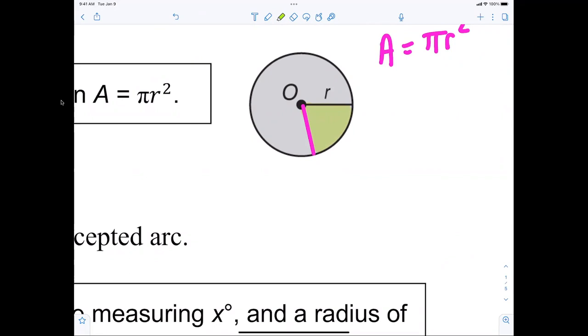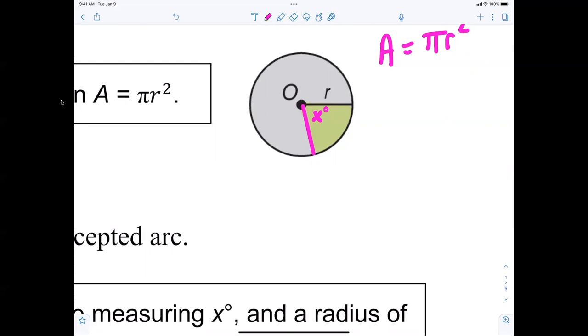That would be considered a sector. Now, let's say, for example, this angle measure right here was X degrees.